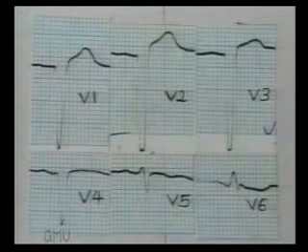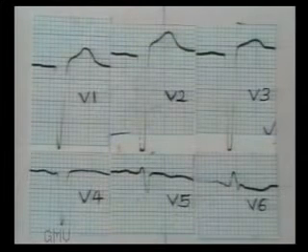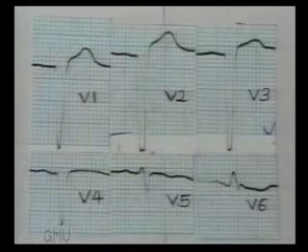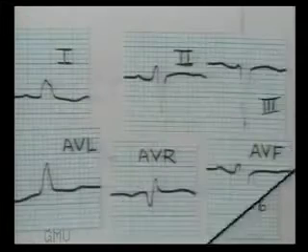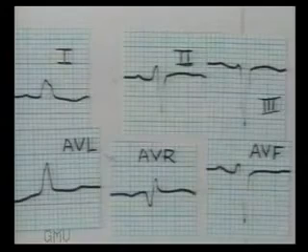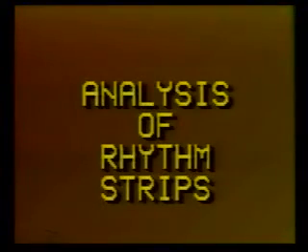T waves are opposite in direction to the QRS complexes, indicating aberrant ventricular conduction. There are no abnormal ST changes. So this ECG shows left bundle branch block with left axis deviation. Now let us learn to analyze the rhythm strips.